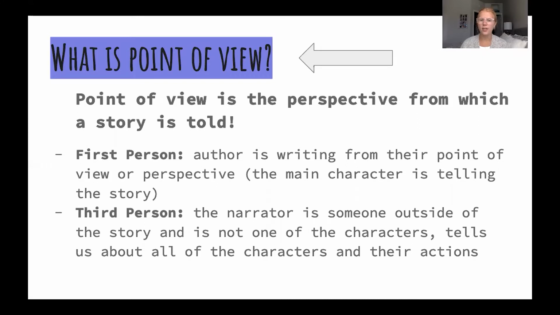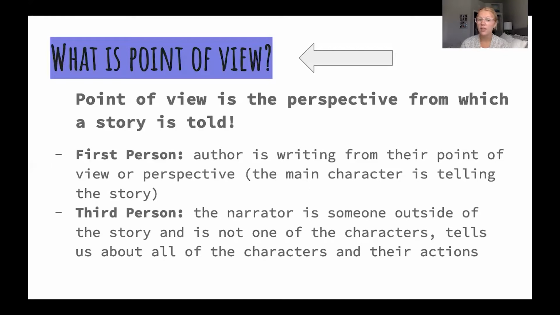And then third person, which we are focusing on today, the narrator is someone outside of the story and is not one of the characters. And the narrator tells us about all the characters and their actions.